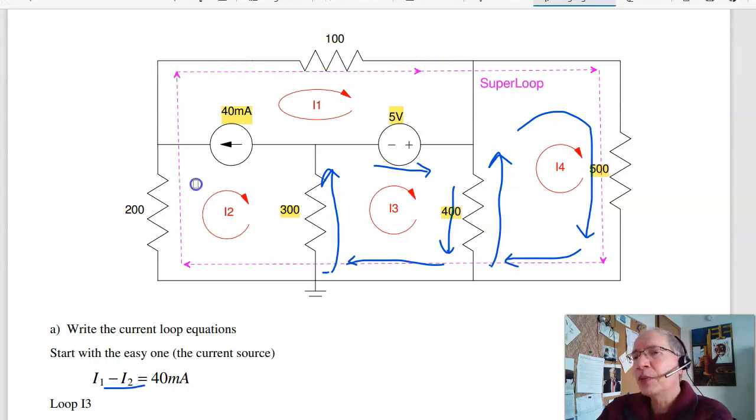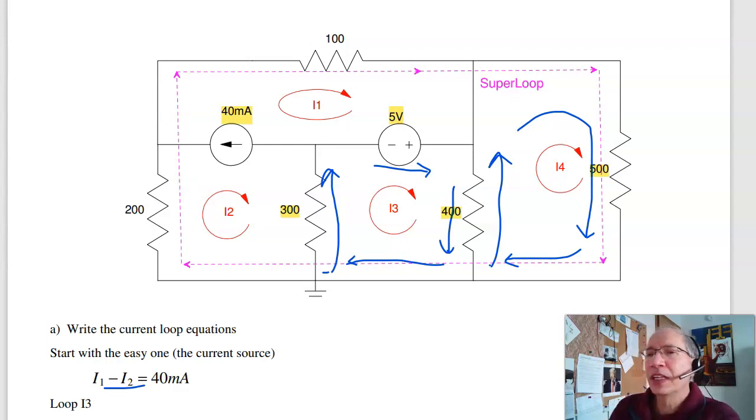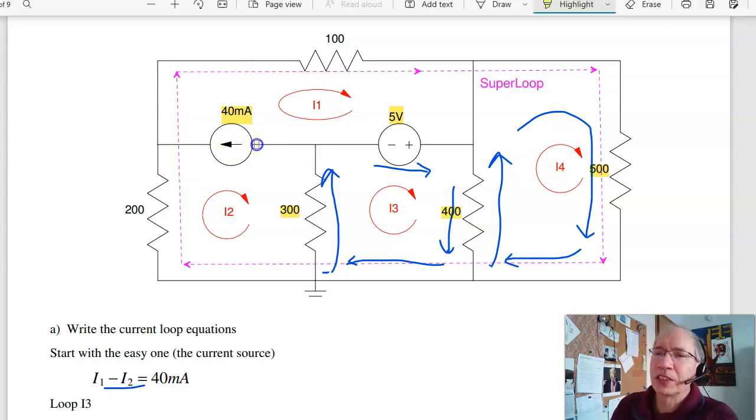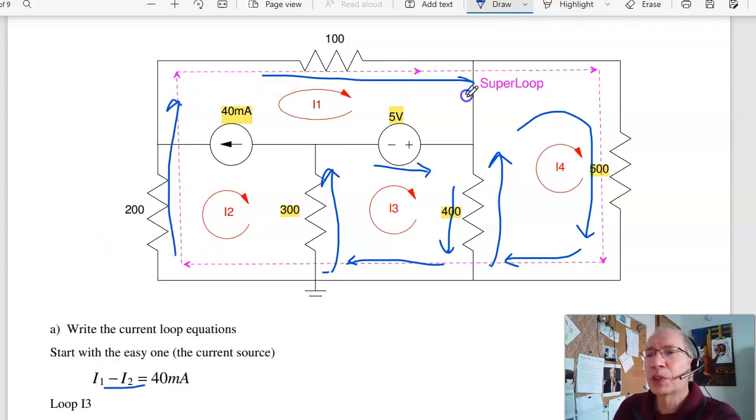They do affect the circuit. So my fourth equation should include the 100 and 200 and not pass through the 40 milliamp source because I don't know that voltage. Here's one valid solution, and there's others. So that'd be going up 200 I2 plus 100 I1 plus 500 I4, back where I started, equals 0.